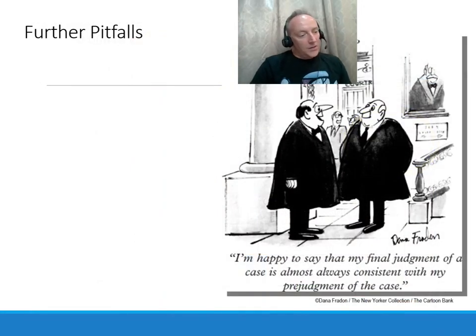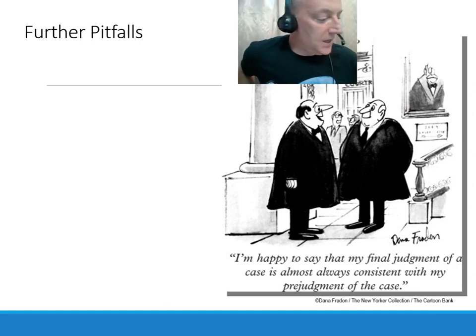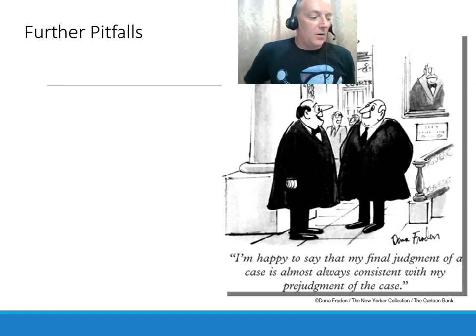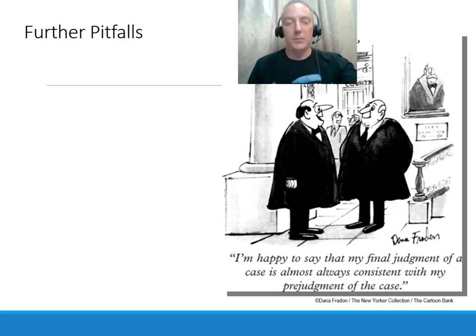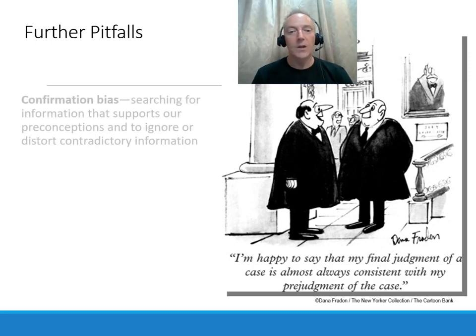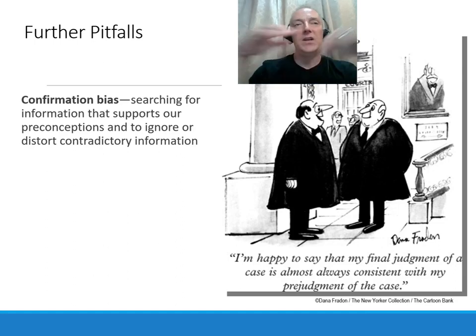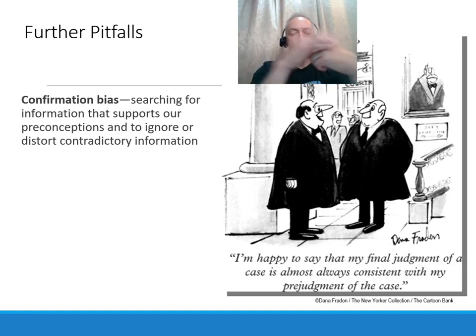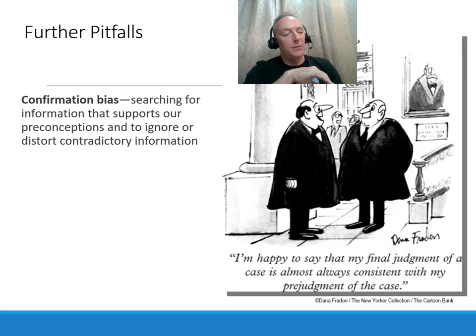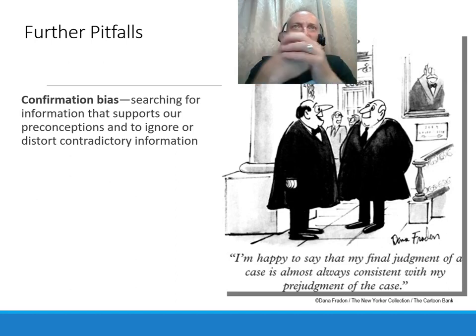What are some other pitfalls that can impact our decision making and our problem solving? One of them is known as the confirmation bias. Confirmation bias means that whenever you have a decision to make or a problem to solve, even if you're not fully aware of it, you have some preconception about what it likely should be and how it should turn out.